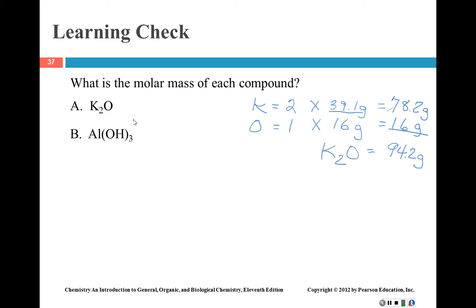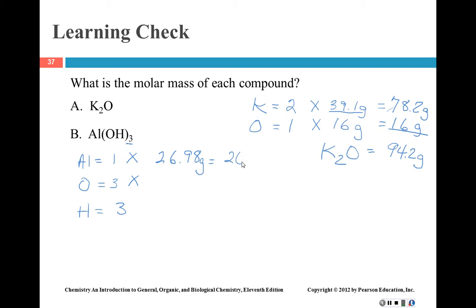For aluminum hydroxide, this one gets a little more complicated because you remember that if I have a 3 right there, that means I multiply everything in here by 3. So in aluminum hydroxide, I have 1 aluminum, and how many oxygens? 3. And how many hydrogens? 3. I look up aluminum, number 13, which is 26.98 if we're going to be exact.